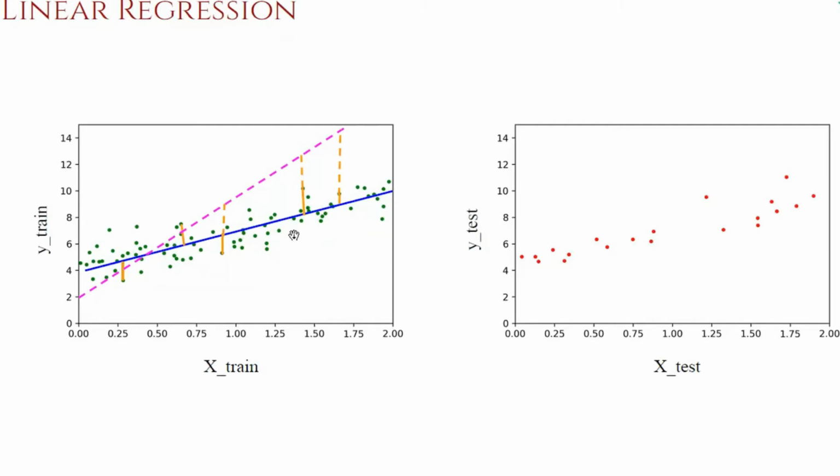Another interpretation is, this is the equation that could closely generate all these green points. So that is another representation. So once we end up with that best representing line, then we can use that to check whether it is, on an average, representing the testing data set as well.